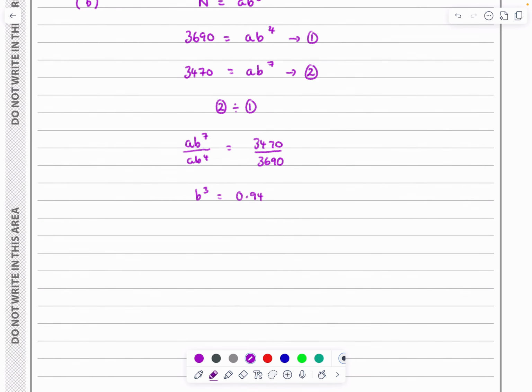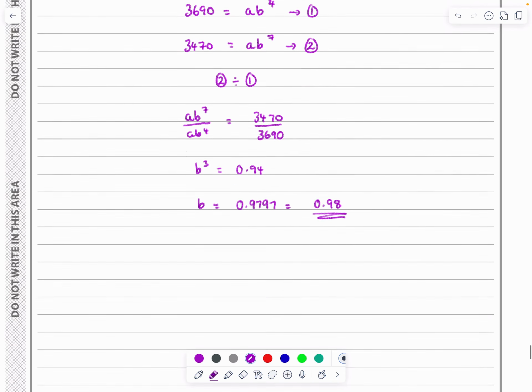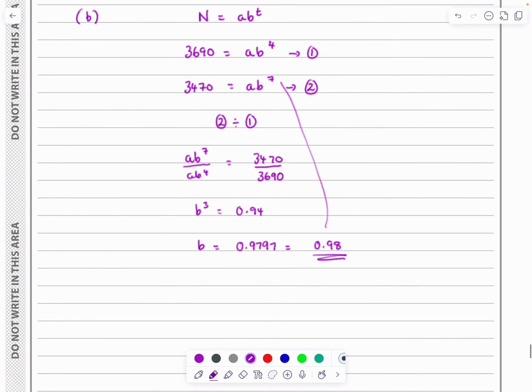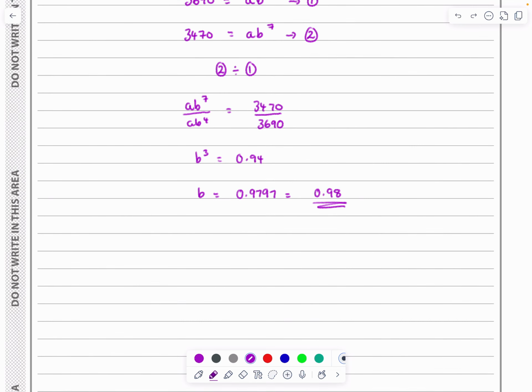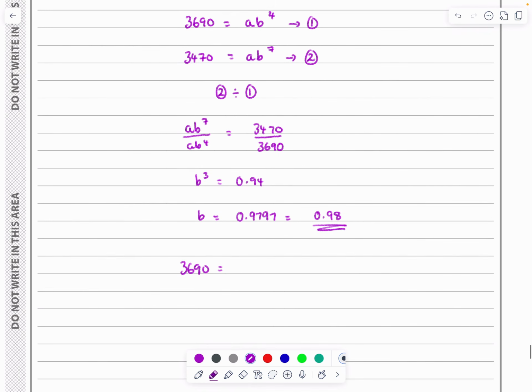0.94, which means that B then is the cube root of that, which is 0.9797, and so on. They asked for it to 2 significant figures, I think, 0.98. So if that's true, I can now put that back into either of these 2 equations. I'm simply going to choose the top one, it doesn't really matter. 3690 is equal to AB to the 4, so 3690 is equal to A times 0.9797 to the power 4.